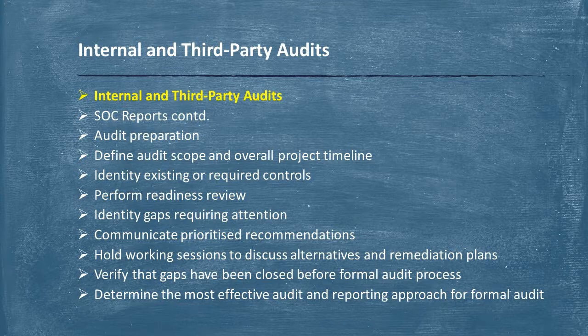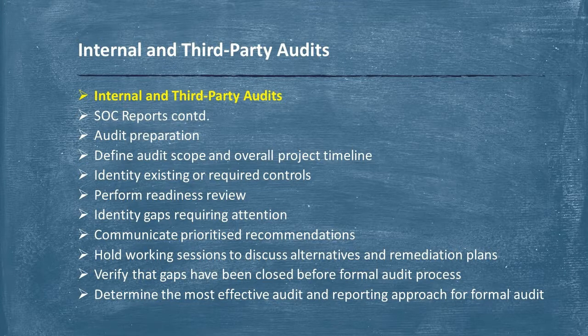This preparation is done by the organization. Now the auditor is not there. The company is preparing. They define the audit scope. The organization defines the timelines. They identify the existing controls to be audited and perform the readiness review.